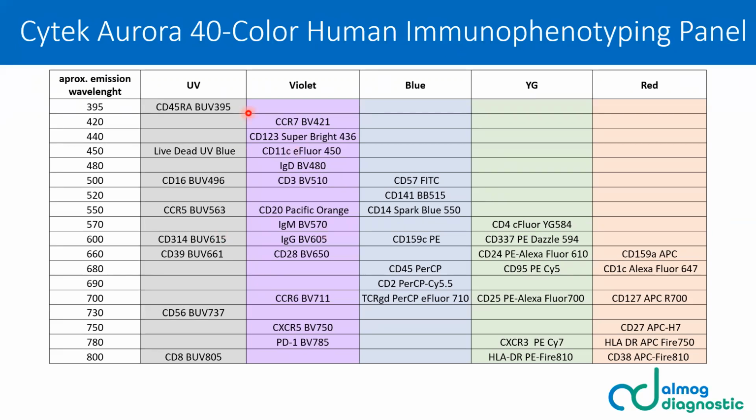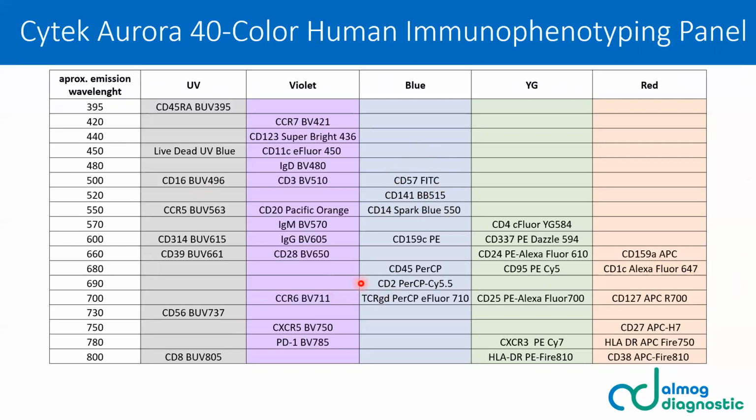So you can see in this panel that Brilliant Violet 421 and Super Bright 432 are analyzed together in the same tube. FITC and Brilliant Blue 515, which have similar emission spectra or emission peaks, are combined here, and also APC and Alexa 647 and many other dyes that have highly overlapping emission peaks.